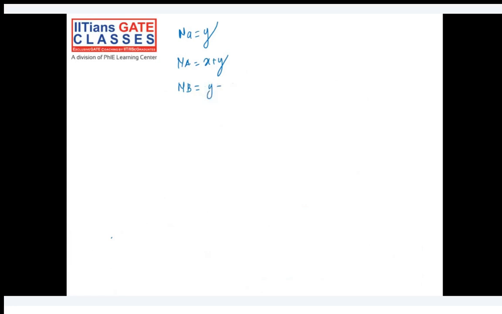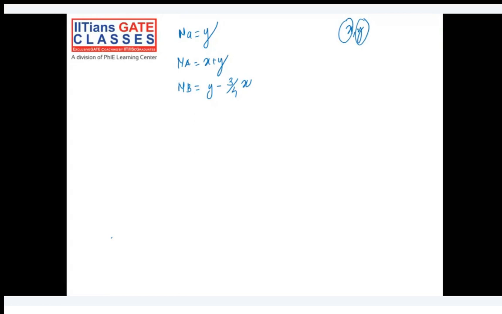So what we have done is we have converted the speed of the arm, the speed of gear A and the speed of gear B in terms of some variables X and Y. If we are able to calculate X and Y, we will be able to calculate the speed of the arm, gear A and gear B. And how will you calculate X and Y? By the given conditions.